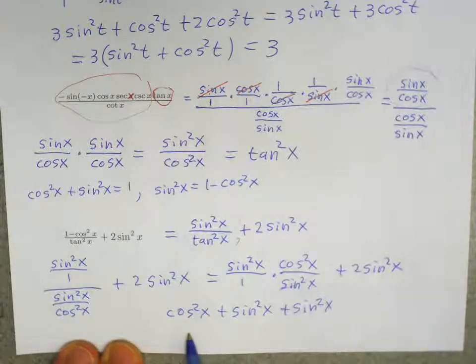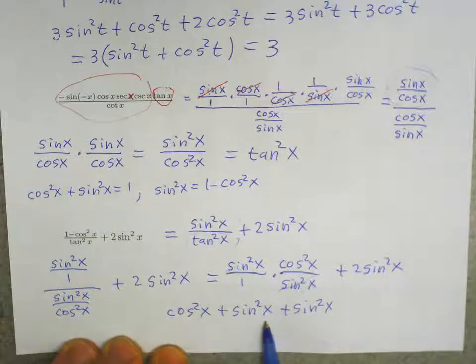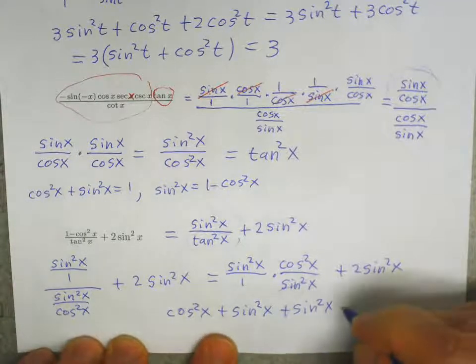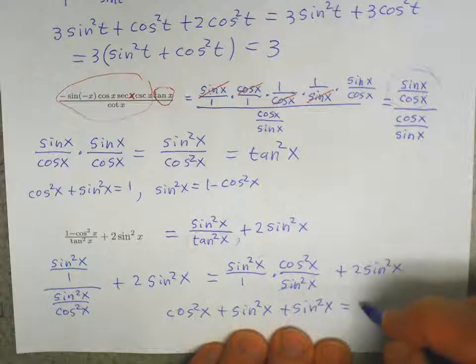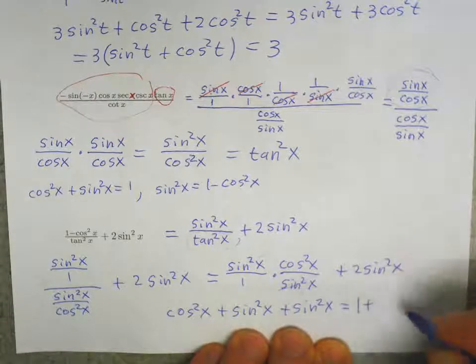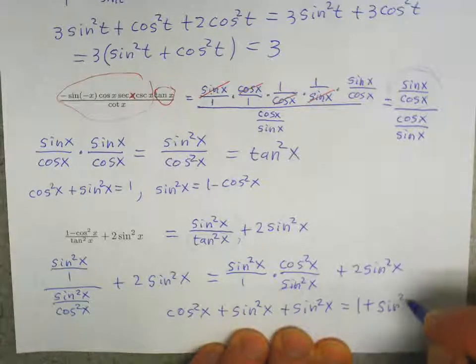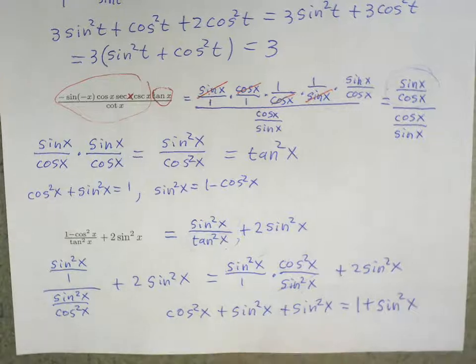And then I'm going to replace cosine of x squared plus sine of x squared with 1. So I'm going to end up with 1 plus sine of x squared. So it looks to me that that's as far as this can be simplified.